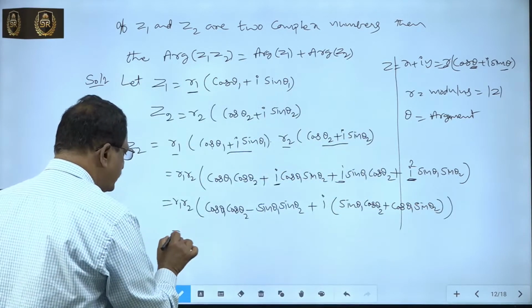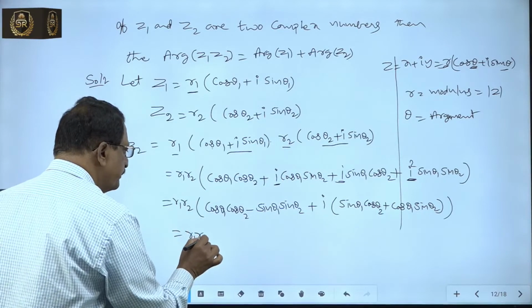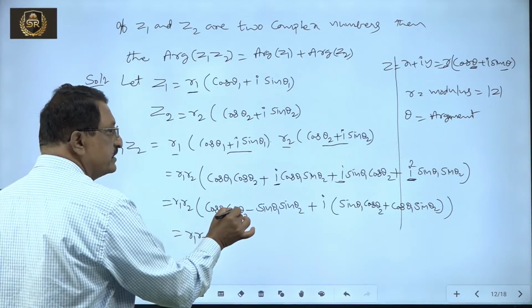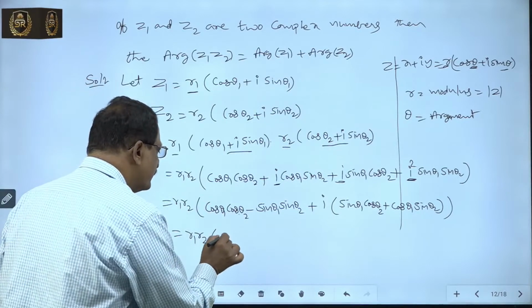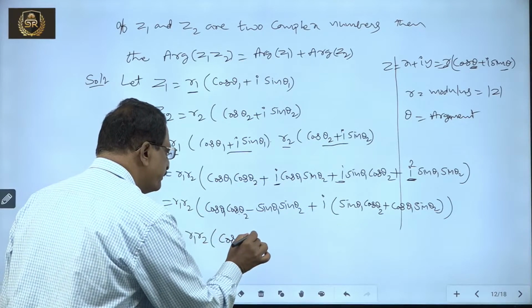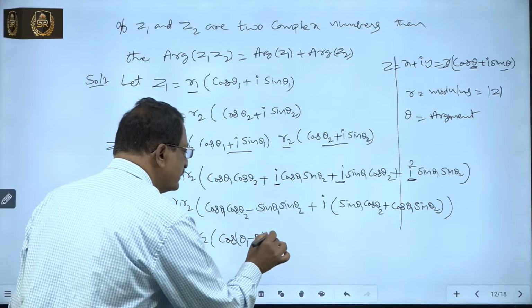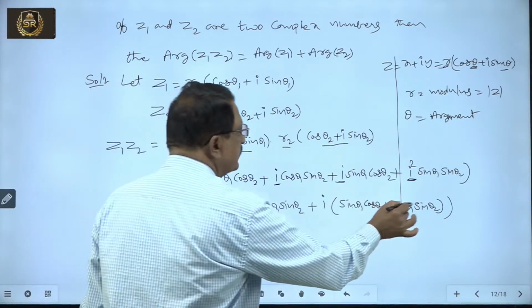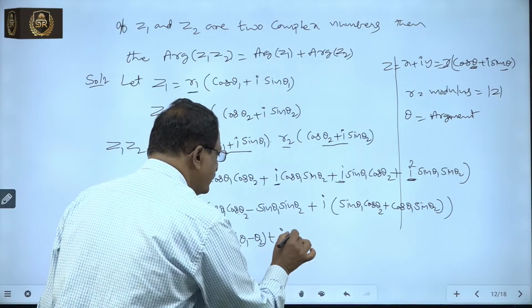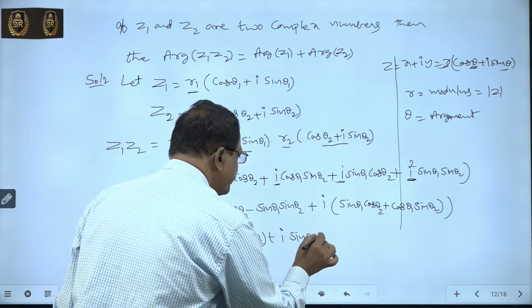Now that equals R1 R2 into cos theta 1 cos theta 2 minus sin theta 1 sin theta 2, which is cos of theta 1 plus theta 2, plus i into sin theta 1 cos theta 2 plus cos theta 1 sin theta 2, which is sin of theta 1 plus theta 2.